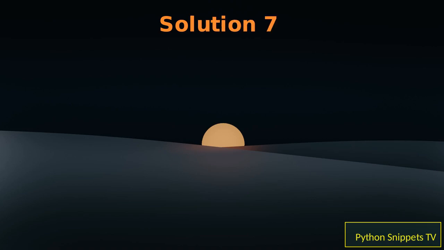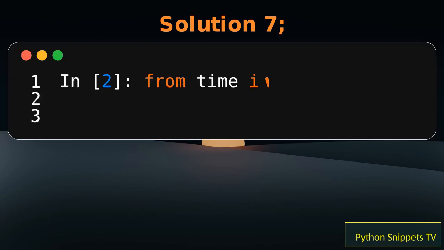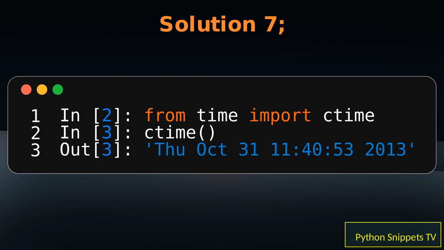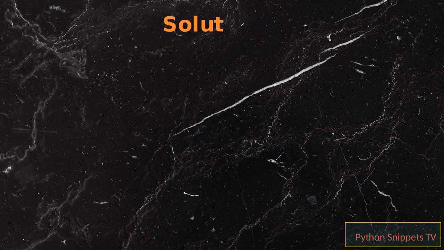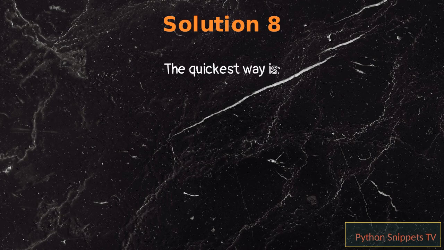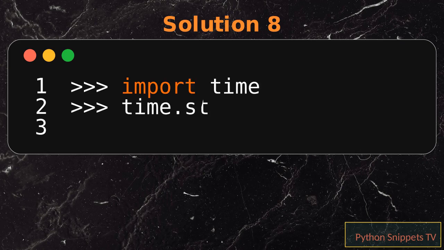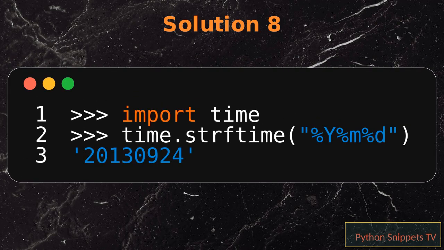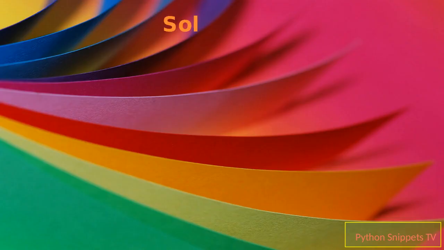Solution 7. Use time. This gives a nicely formatted string representation of the current local time. Solution 8. The quickest way is as follows. Solution 9.